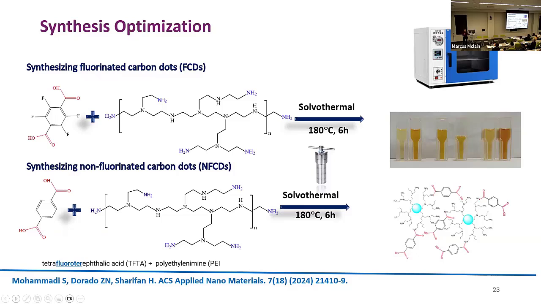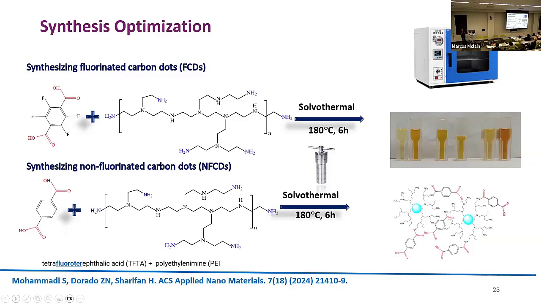It means we use a solvent that is not an aqueous solution. We use an organic solvent here, ethanol, for synthesizing. And by changing the molar ratio of tetrafluoroterephthalic acid and polyethyleneimine, we synthesize different kinds of fluorinated and non-fluorinated carbon dots.